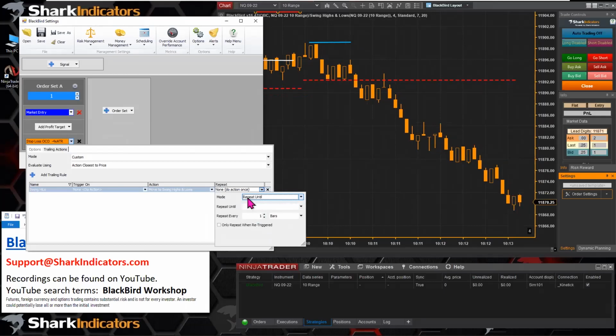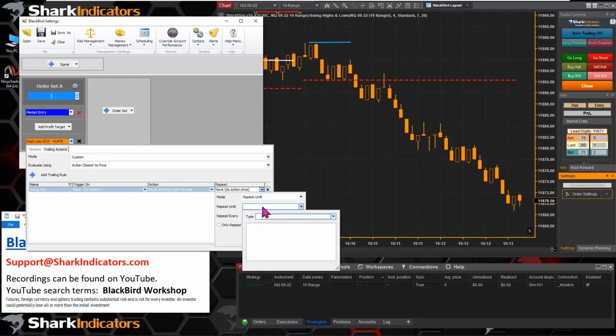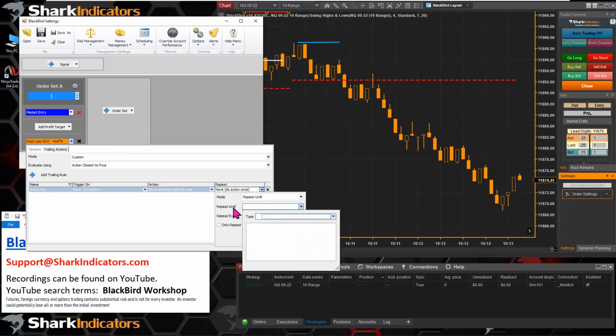We'll use the repeat until option here, and then open up the repeat until, and this will provide us a list of all the trigger conditions here.